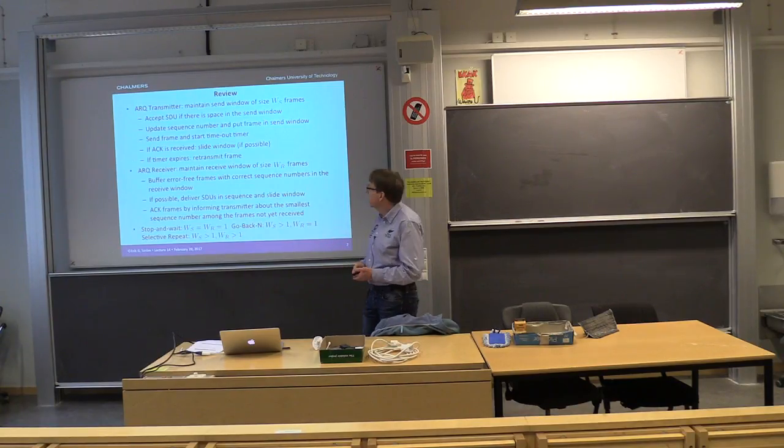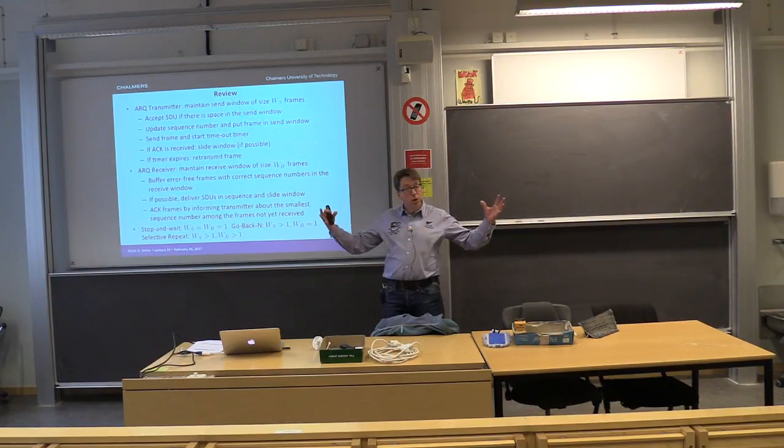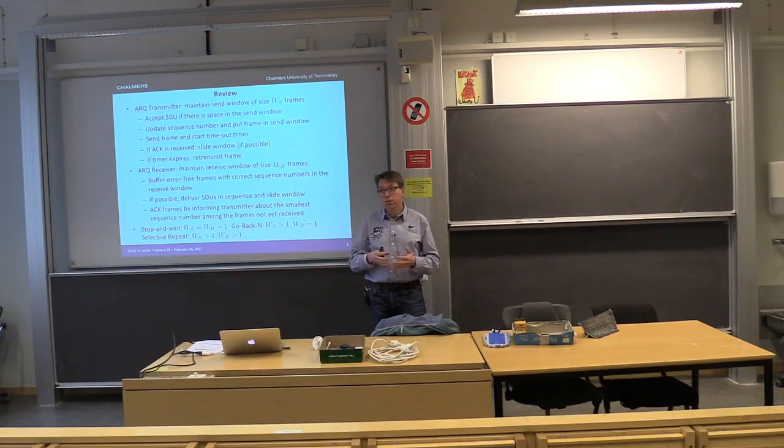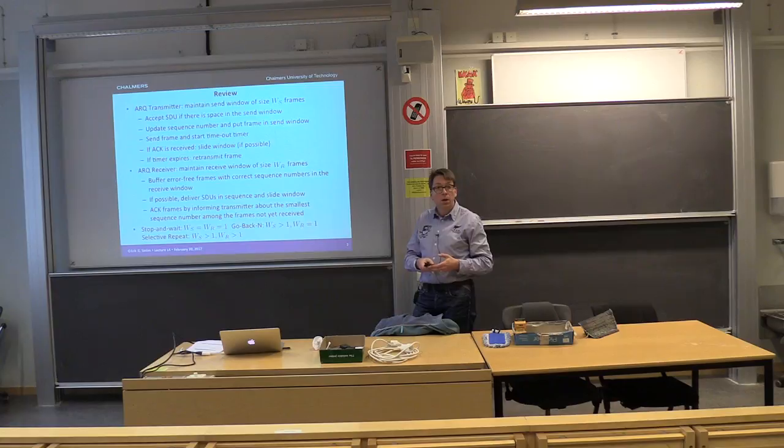We talked about different types of ARQ protocols, but the transmitters and receivers can be put in a general form. Essentially, the transmitter maintains a send window. It's basically a buffer where it can put service data units from the layer above, and the send window has a certain size. When the send window is full with SDUs, it blocks the layer above.